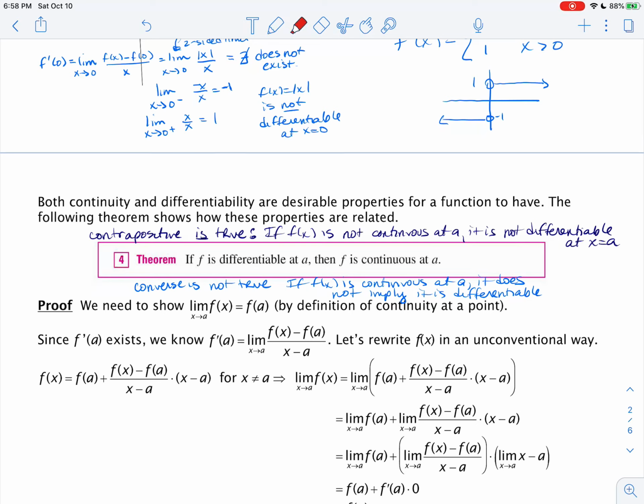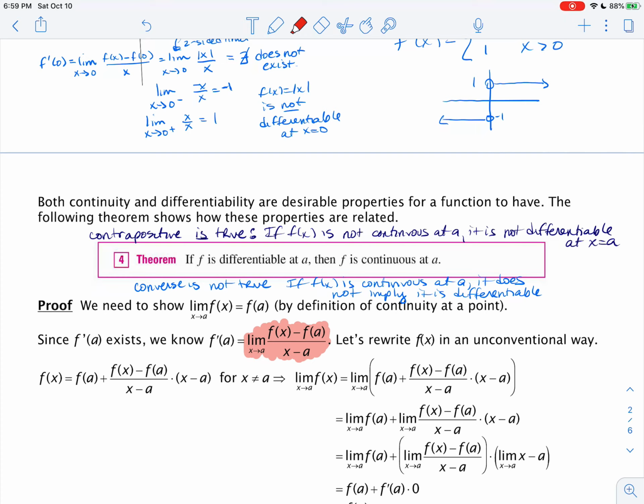And we know that f prime of a does equal the limit as x approaches a of f of x minus f of a over x minus a. And remember, the formal definition of continuity is f is continuous at a if f of a exists, if the limit as x approaches a exists, and if that limit as x approaches a of f of x actually equals f of a.